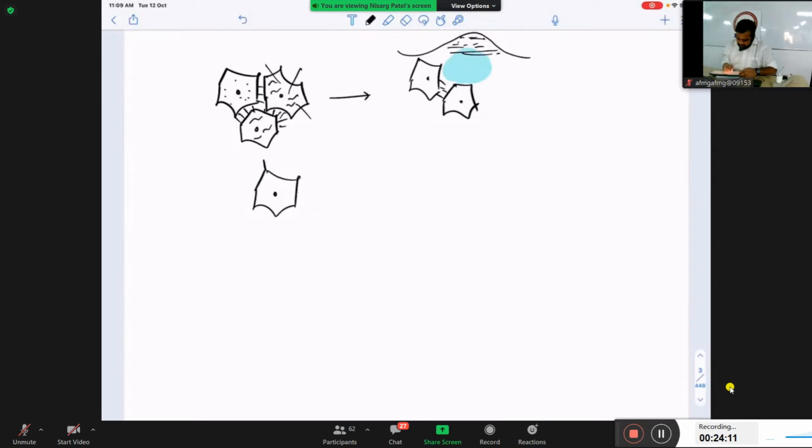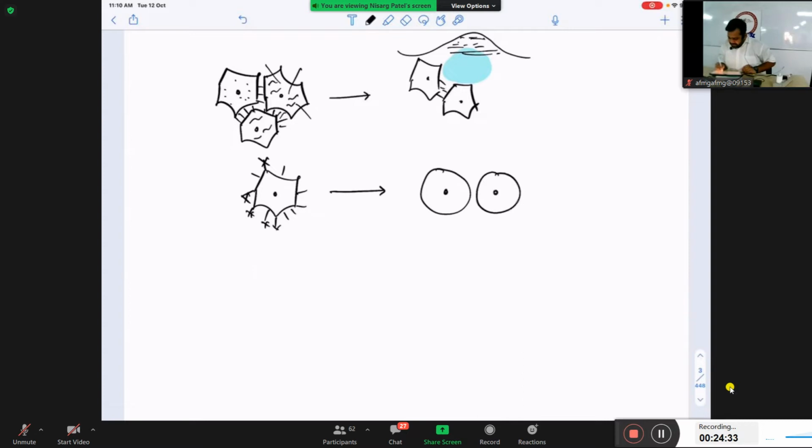Second reason, as I told, on all corners, desmosomes are stretching this cell. And because of stretching, this cell is a polygonal shape. If my desmosome is damaged, because there is fluid inside, this cell will become round shaped.